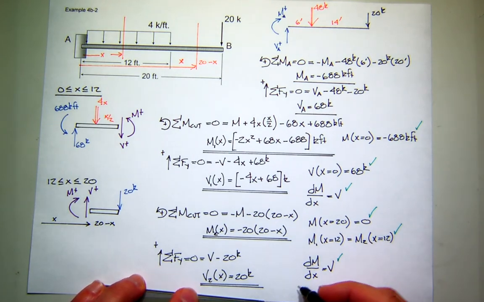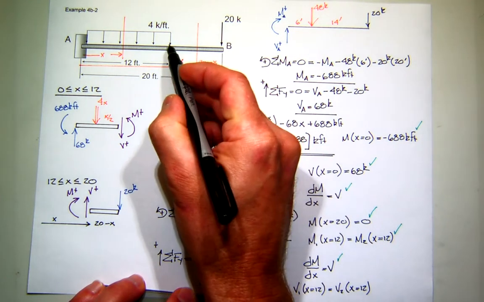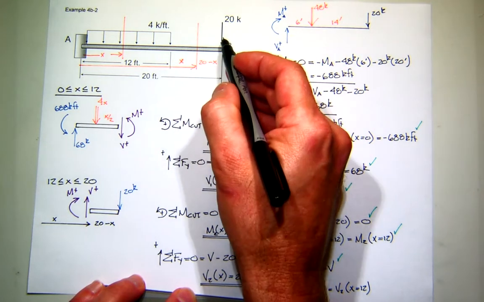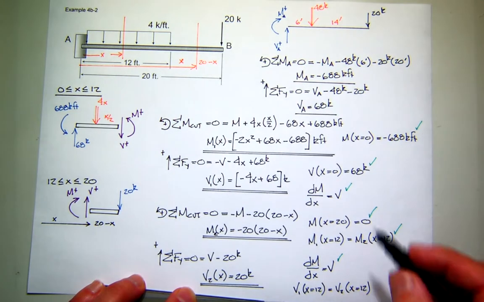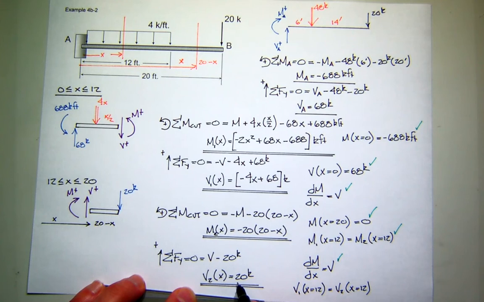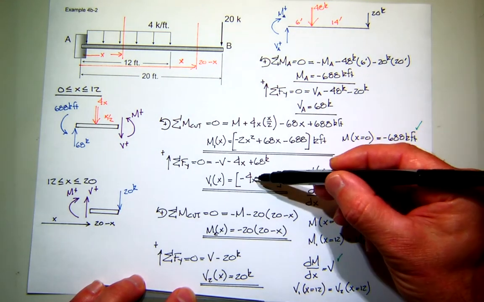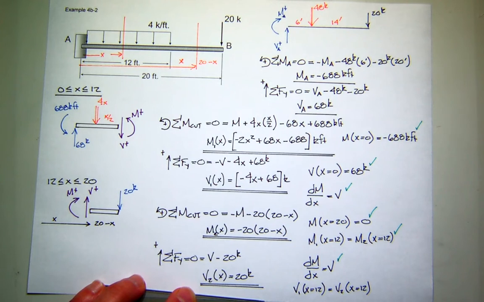And the final thing I could do is I could say the shear at 1 at X equal 12 should be equal to the shear at 2 at X equal 12. There's not a point load there. It's not like we're going from one side to the next where there would be a dramatic change. So you can see the shear at 2 is 20. And when I put in 12 here, you get 20. So that also checks out.